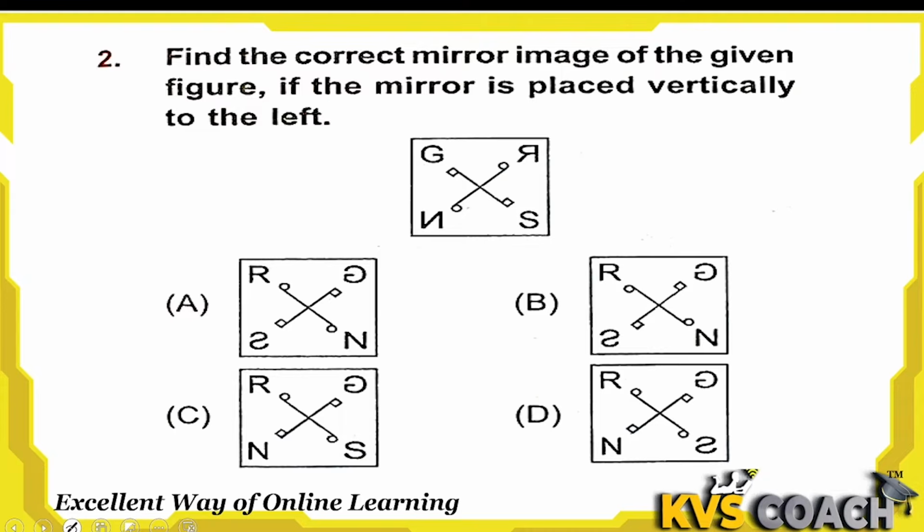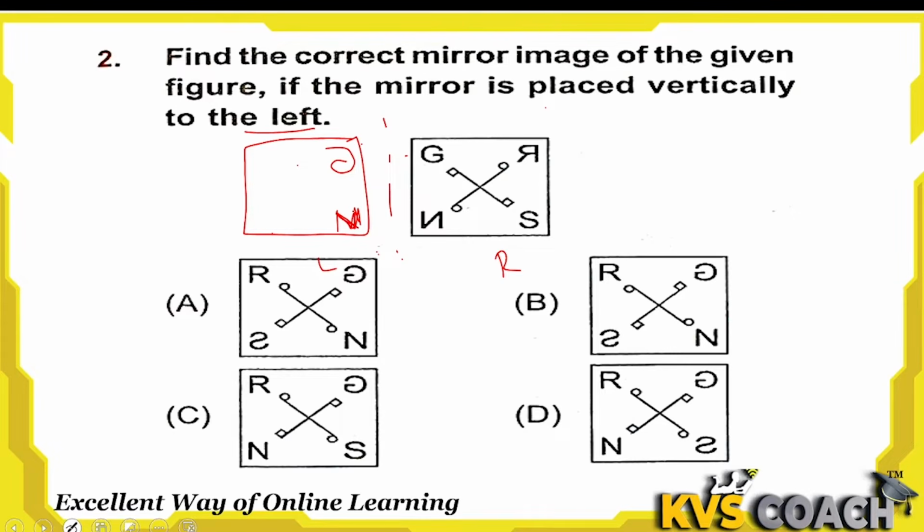Next, find the correct mirror image of the given figure if the mirror image is placed vertically to the left. Okay, this mirror image is placed vertically left. So let's check. This is the right side and this is the left side, so this mirror image will be here. Okay, they are saying that the mirror image is placed vertically left, so the mirror image is here. So in this box on the left side, G will be like this, N will be like this.